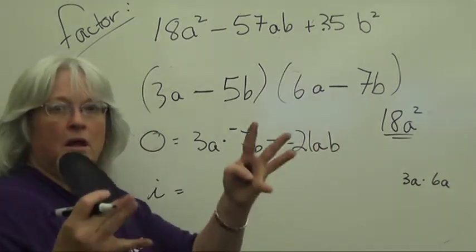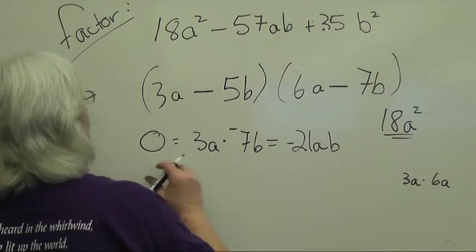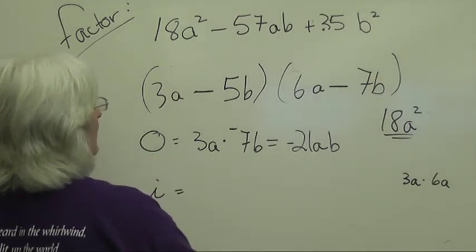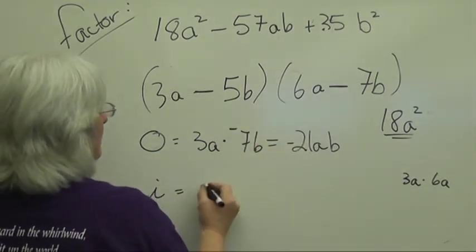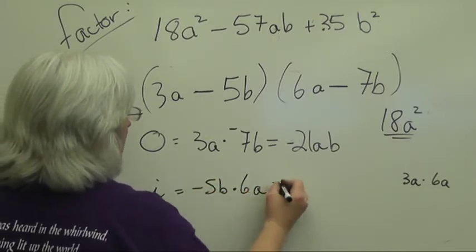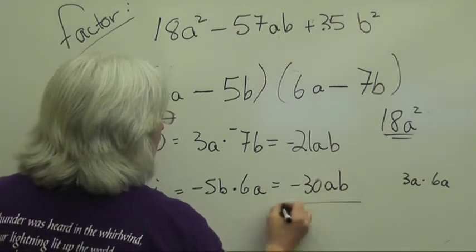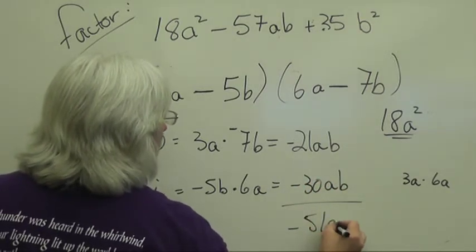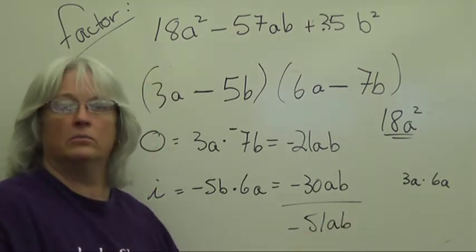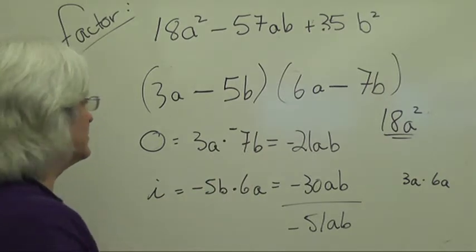Remember, I've said you've got to have your multiplication facts down really well. Our inner product, negative 5b times 6a, that's a negative 30ab. Once again, we're close to what we need our inner term here to be, but close doesn't work.